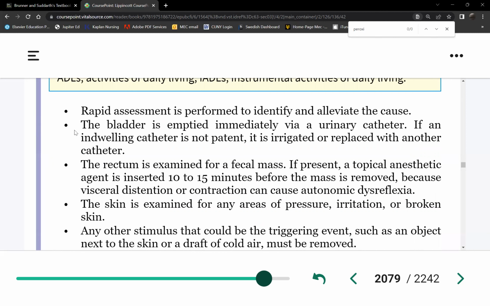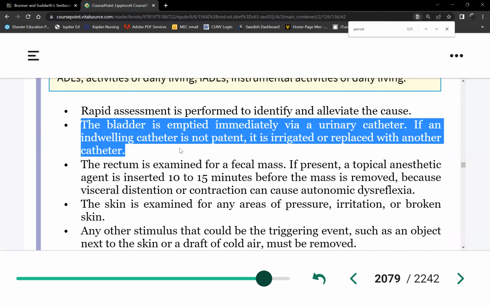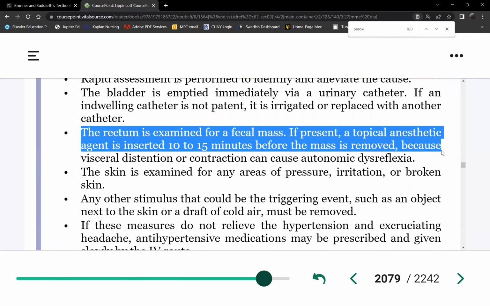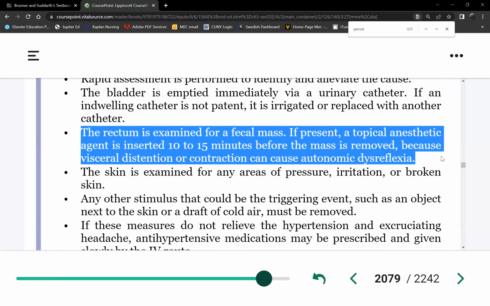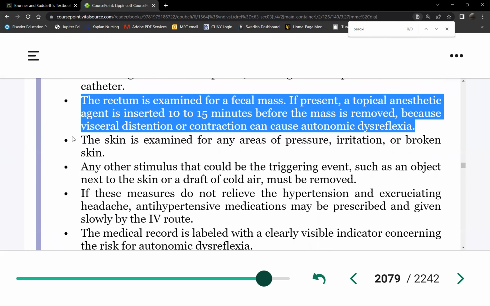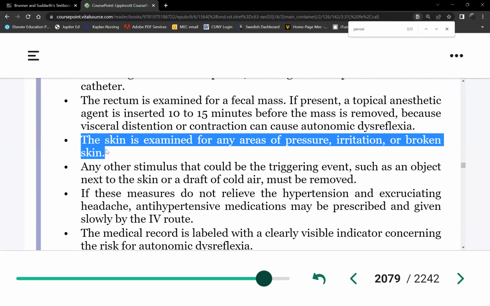So if you see it's a bladder, straight cath, or some doctors will say, okay, put in a Foley. Check the bladder and then the bowel, then check the skin, all the possible triggers. Check for any injury to the skin, anything tight also, anything painful.